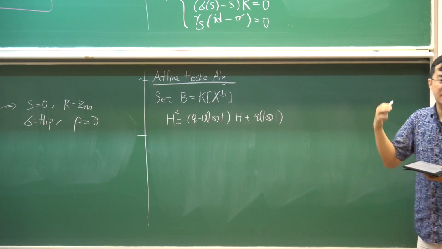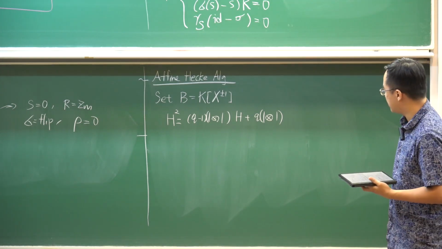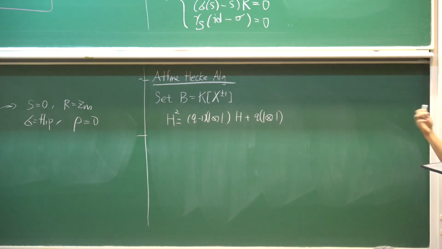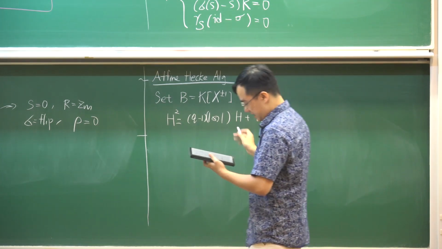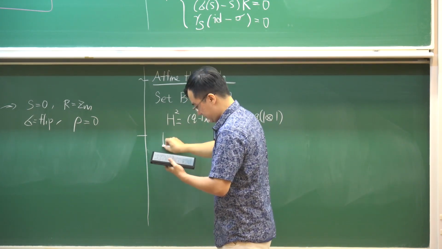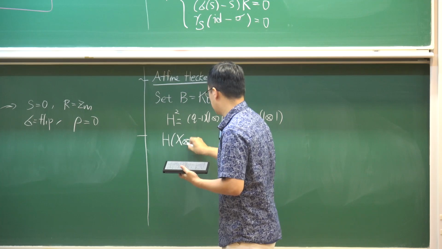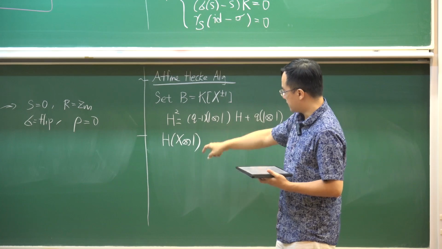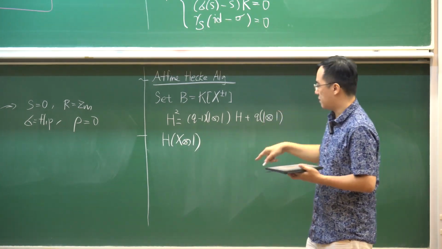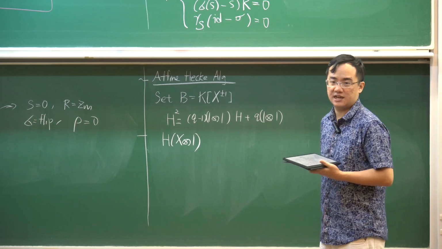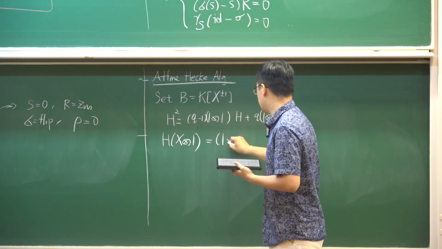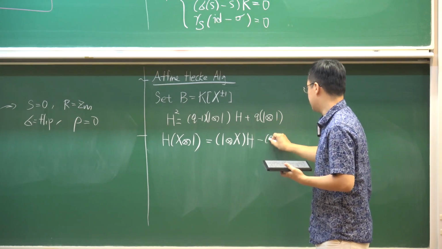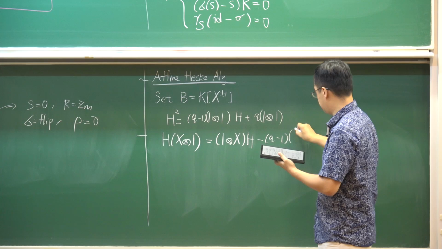So I'm using one convention, but you can, of course, change this Q minus 1 and Q to V inverse minus V and 1 if you like. And then for the Wreath relation, we want to prove that it suffices to consider the Wreath relation for X tensor 1. The rest will be uniquely determined from this Wreath relation. So this swaps the 2 terms. And then for the extra term, this is minus (Q minus 1) times 1 tensor X.